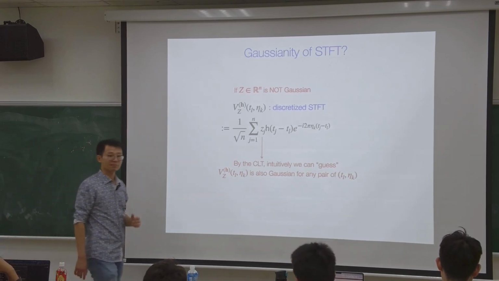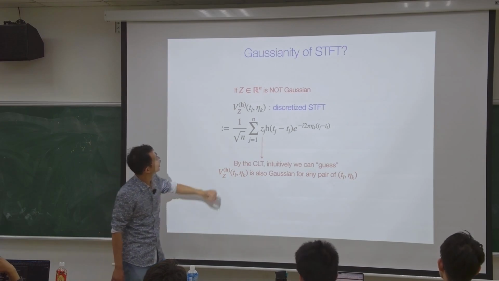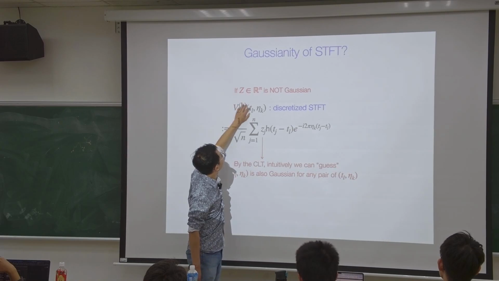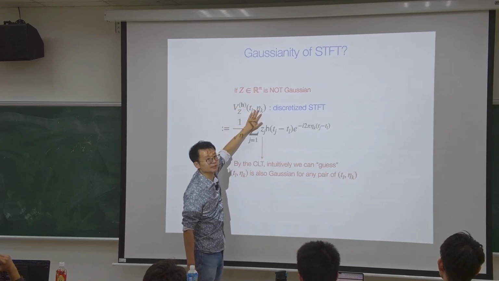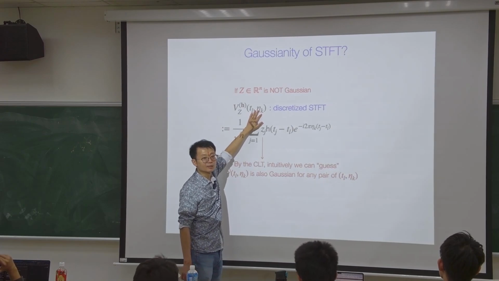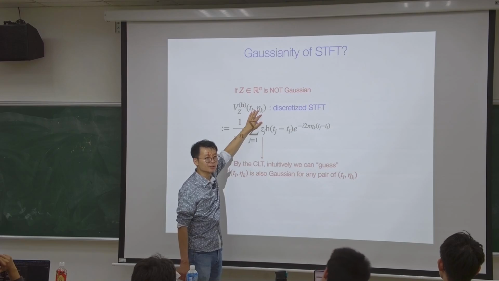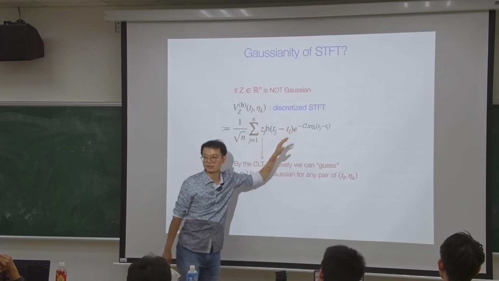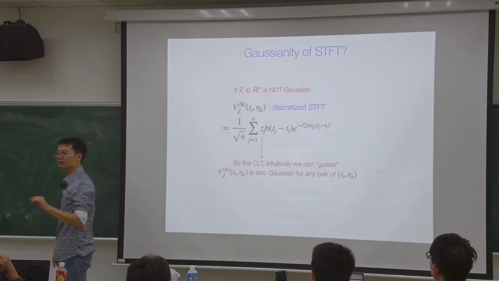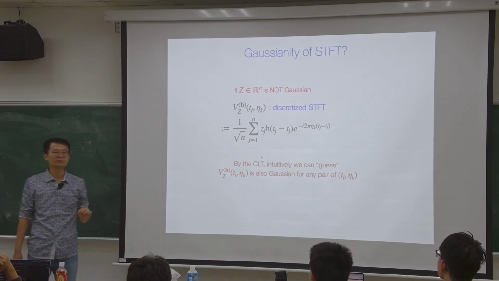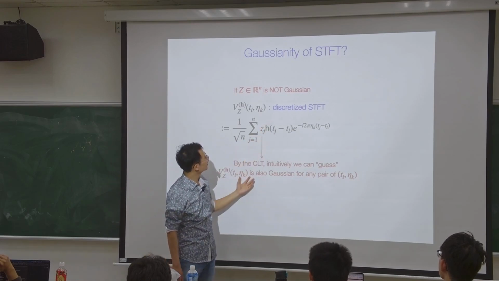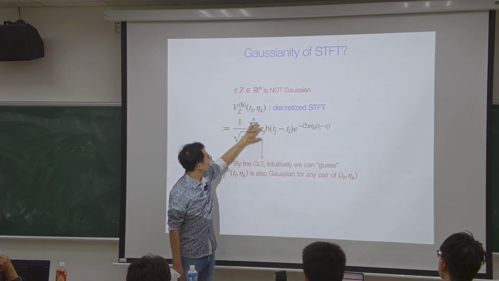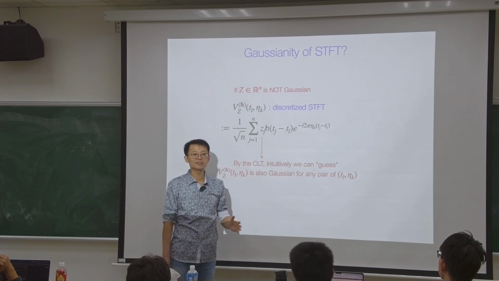Just one pair. You can easily show it. But there's a but. What we want is that this is Gaussian for any pair of t_ℓ and η_k. Then you can start to imagine the magnitude of the difficulty, because there will be a lot of dependence in all the construction. And you can say, look, for one pair, you get something very close to Gaussian. When you say very close, what do you mean?